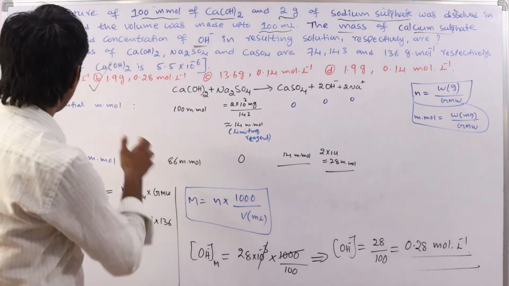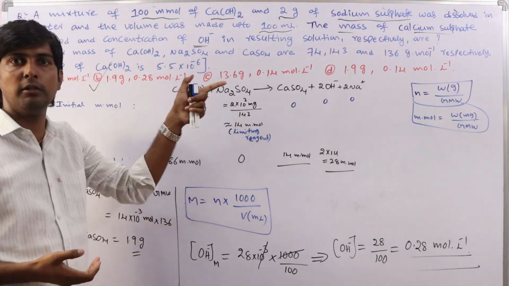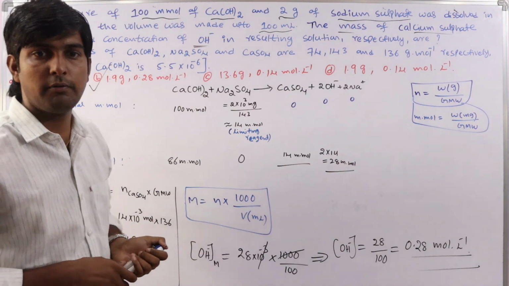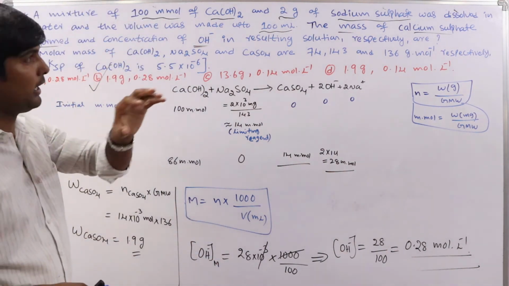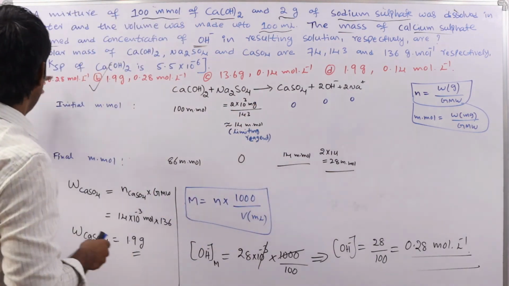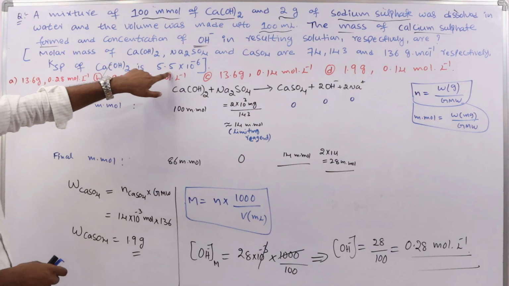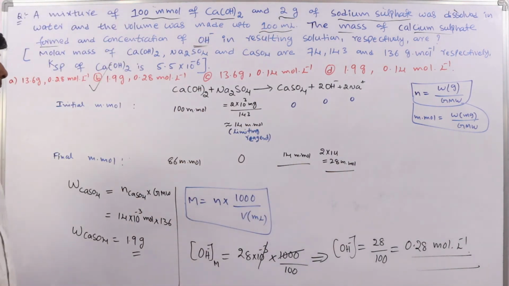We think about how and where to use this KSP, and that wastes our time. That is the reason why I am explaining this problem in this concept. Here KSP is given in the problem, but we are not using it anywhere.